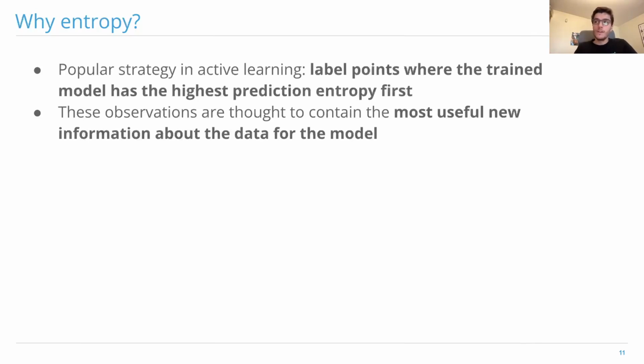And why? Because we believe that the classifier will learn more from training on those data points than from training on points where it is very sure about the label. This is just a heuristic because being sure doesn't necessarily equate to being right, but it has been shown to work well in a series of tasks.